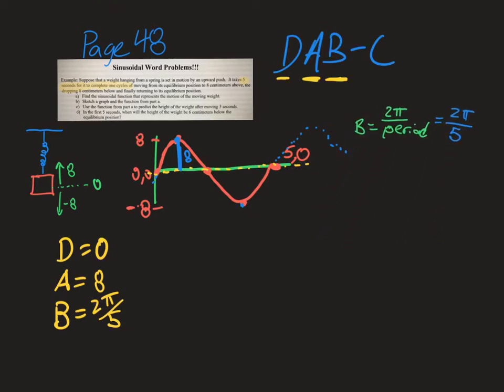Let's kind of tuck that away for now. And let's go ahead and figure out what my C value will be. Now remember, C is going to depend a little bit on whether we know a sine function or a cosine function. All right, so in this case, I know that here's a maximum point and here's a minimum point, but I really don't know exactly where those happen.